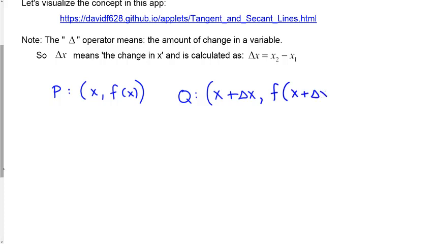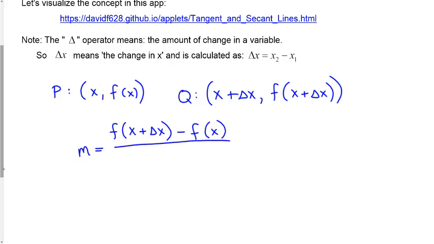So when we calculate the slope of a secant line, we take y2, the y coordinate associated with point Q, minus y1, the y coordinate associated with point P, divided by x2, the x coordinate associated with point Q, minus x1, the x coordinate associated with point P. Notice that this x and this x cancel each other out.